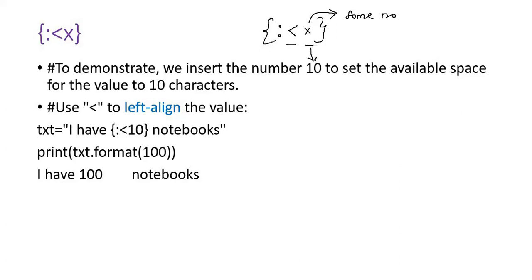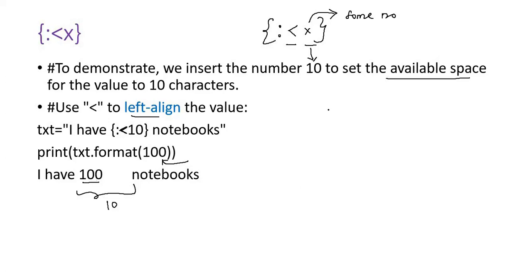For example, if I give 10, it will automatically allocate 10 spaces, that is, 10 characters of available space for the value. Then the left align symbol will make whatever number you are giving left aligned. So totally 10 character space it will give, and the less than symbol aligns the value to the left.